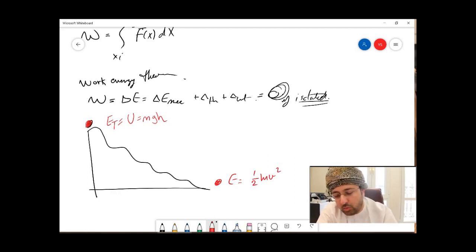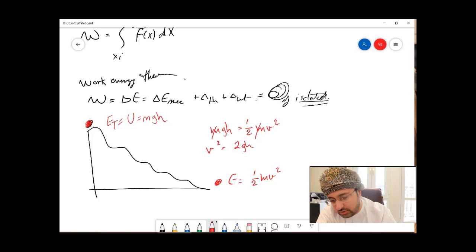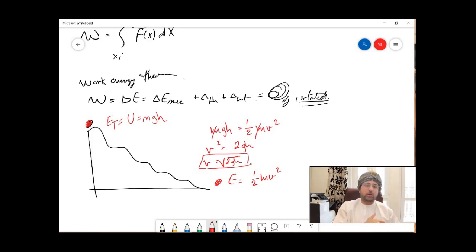Which means if I want to calculate my final velocity, all I do is mgh equals half mv squared. The m's cancel, and I get v squared equals 2gh. So v is equal to square root of 2gh, and voila. I did not need to do any long calculations. Everything done in one line. Well, 3 lines, but that's because I'm writing it all out.